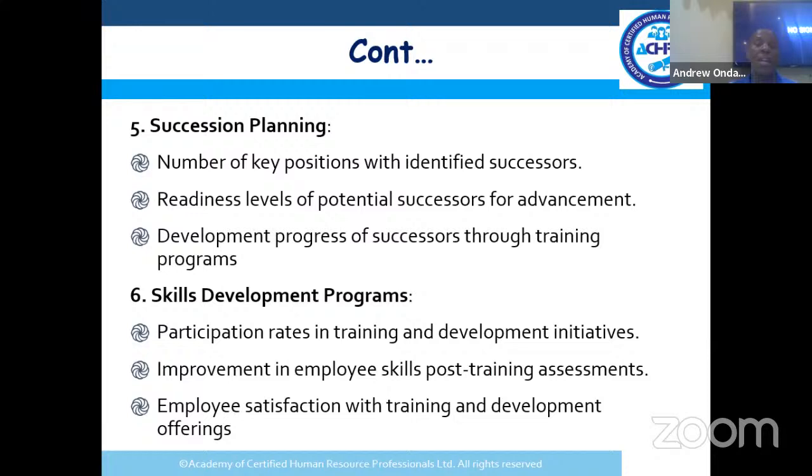So by comparing demand and supply, you have identified the two gaps. However, in some cases, you may not have a gap. What you have is that the demand and supply are balancing out. So when they balance, it means that you have enough employees so that you don't need to retrench and you don't need to recruit.